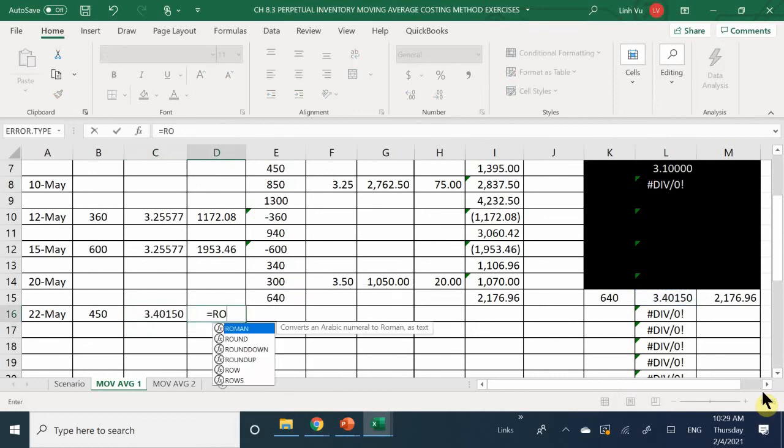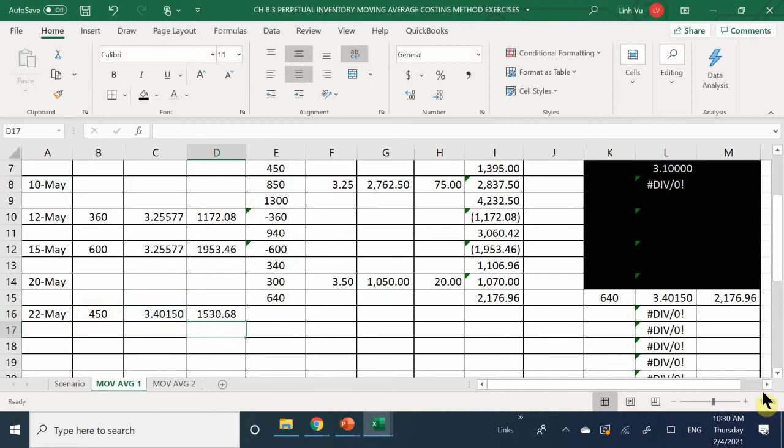So what's my total cost of goods sold here? 1530.68. Good.